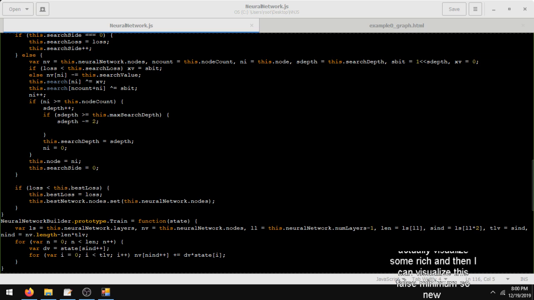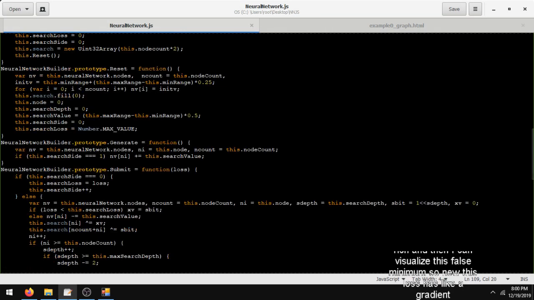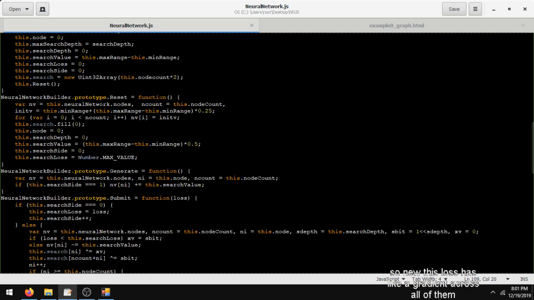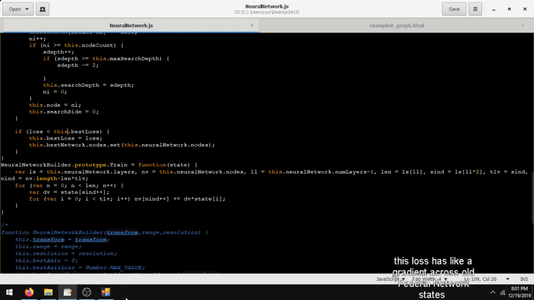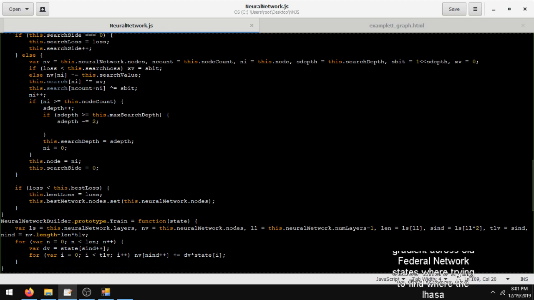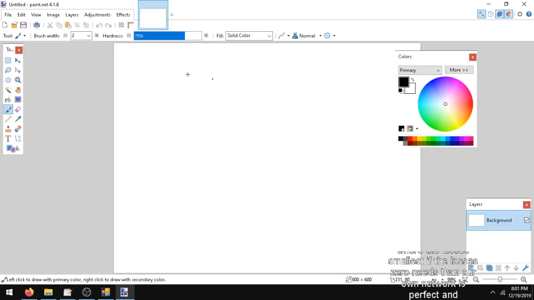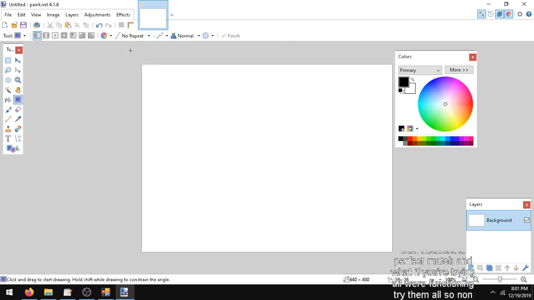So, this loss has like a gradient across all of the neural network states. You're trying to find where the loss is smallest. If the loss is 0, it means the neural network is perfectly matching whatever function you're trying to model. So, let me draw a gradient here.